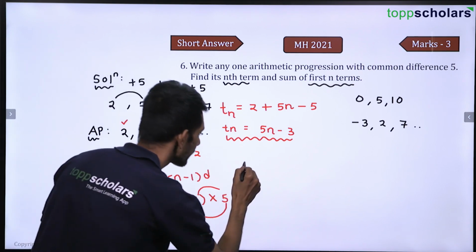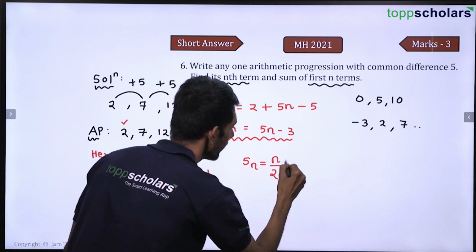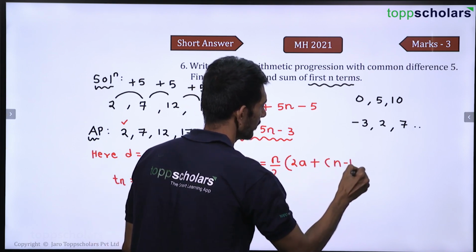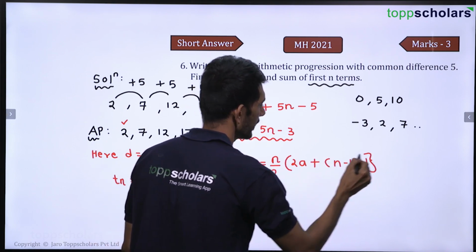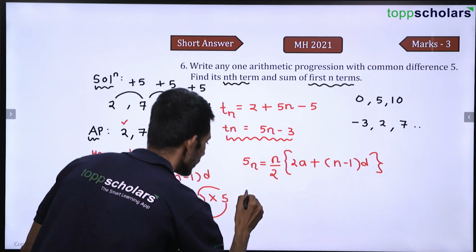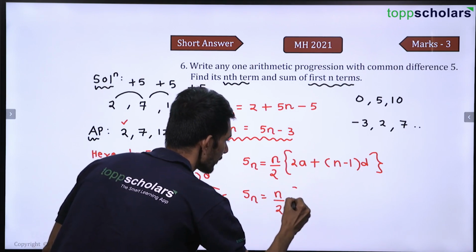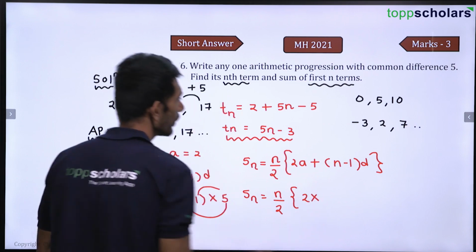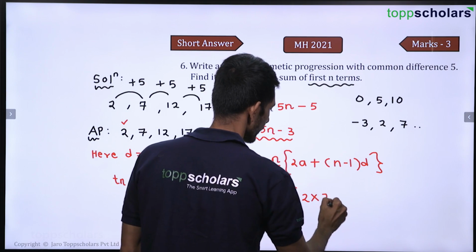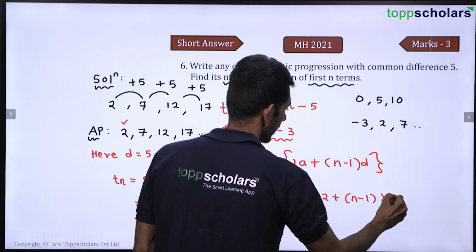What will be Sn? Sn will be equal to n by 2 into 2a plus n minus 1 into d, right? So I'll say Sn is equal to n by 2 into 2 into a. A is 2, plus n minus 1 into 5.